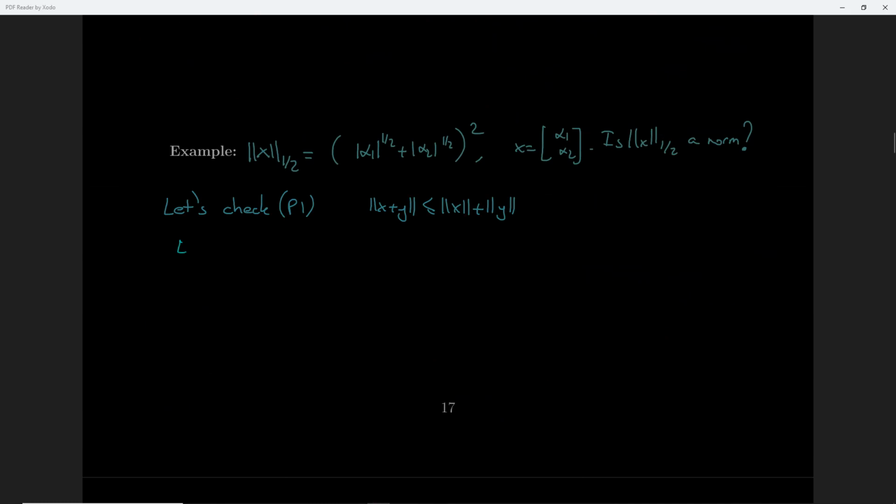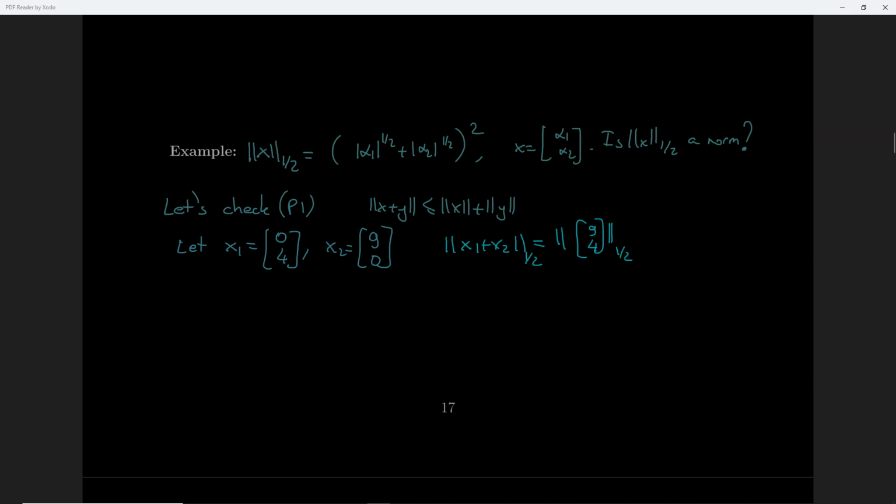Now I will write vectors x1 is equal to 0 and 4, and x2 is equal to 9 and 0. According to this definition, I would like to compute the norm of x1 plus x2, the 1 over 2 norm of the vector. x1 plus x2 is equal to 9 and 4.